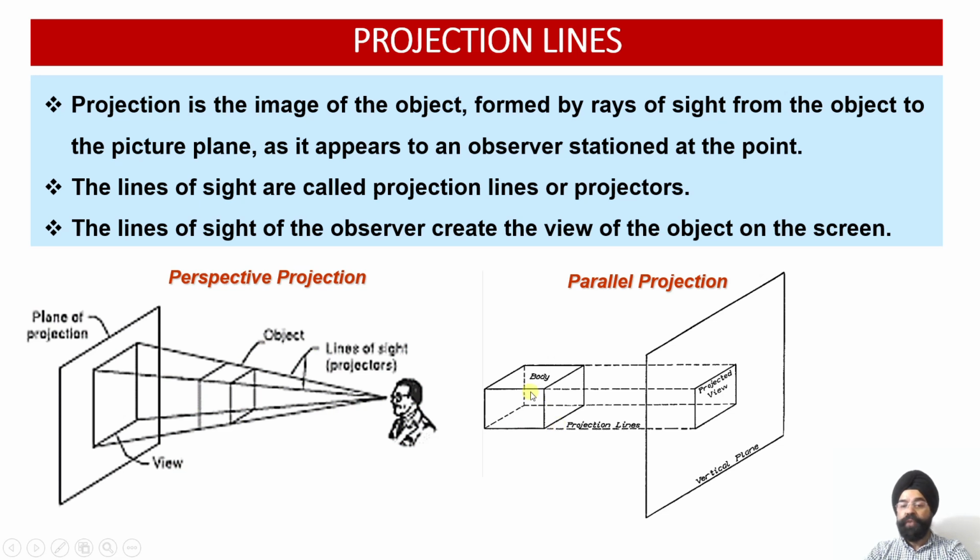So now, in the case of orthographic projections or parallel projections, we want to eliminate this convergence, because we have understood its limitation. If the object is closer to the observer, obviously it will appear very big.